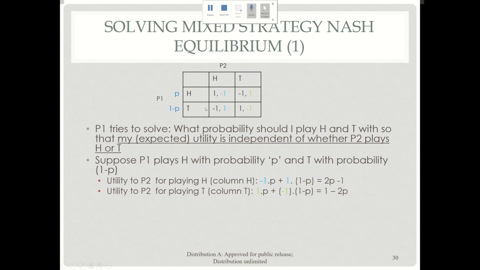Likewise, when P2 plays column T, the utility works out to be 1 times P plus -1 times 1 minus P, which simplifies to 1 minus 2P.